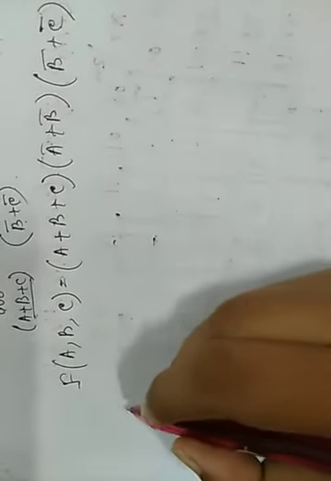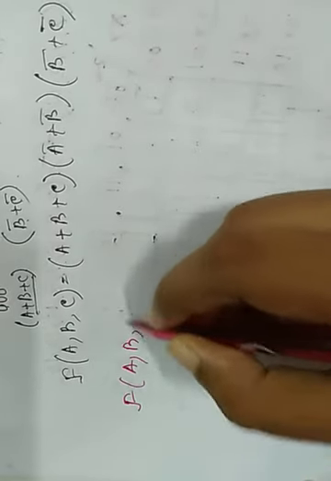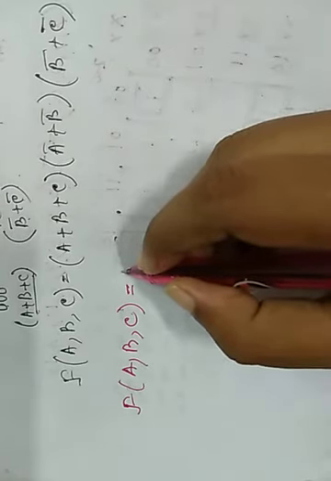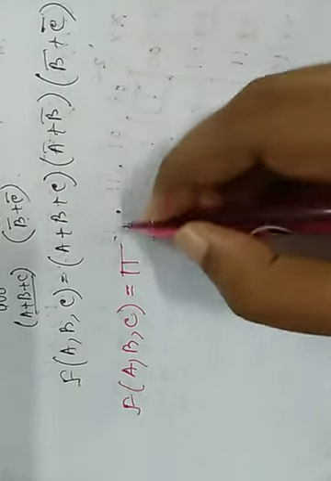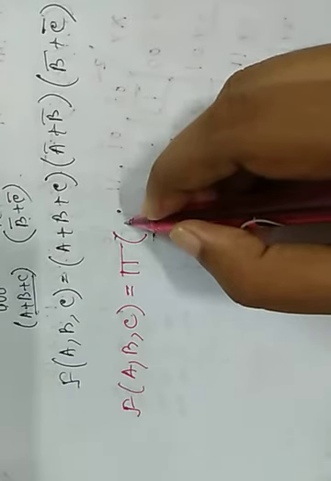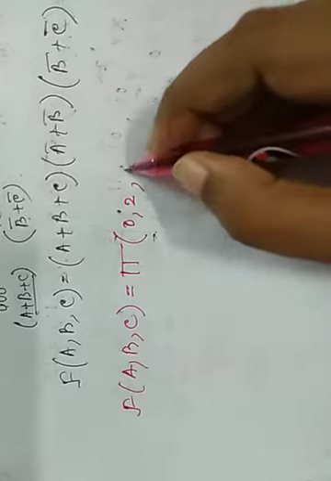I am doing here another example. If F(A,B,C) equals summation of 0 to 4.